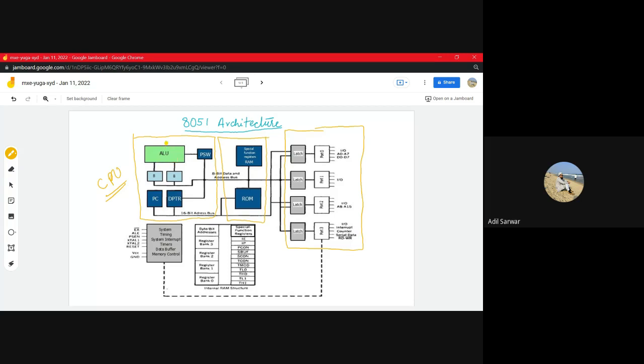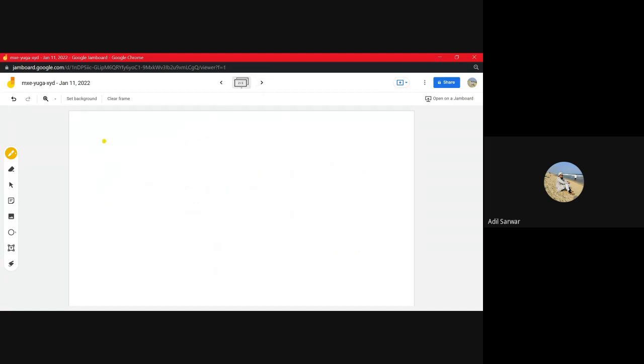So it has an ALU, arithmetic logic unit, and you must know that the arithmetic logic unit performs arithmetical and logical operations. And since it is an 8-bit microcontroller, it performs 8-bit arithmetic and logical operations. Just to make things a bit clear, let me take one instruction called the add instruction.